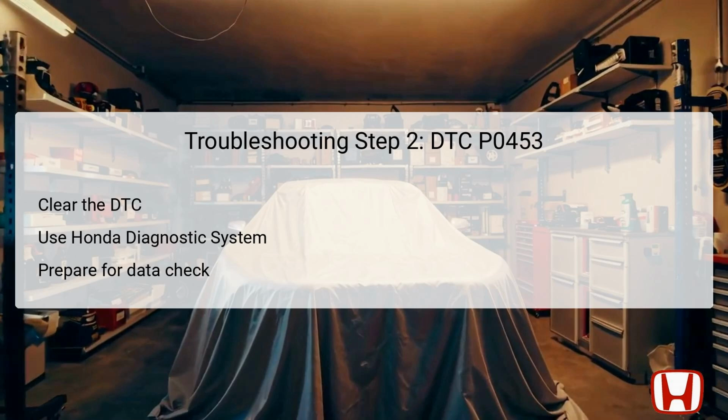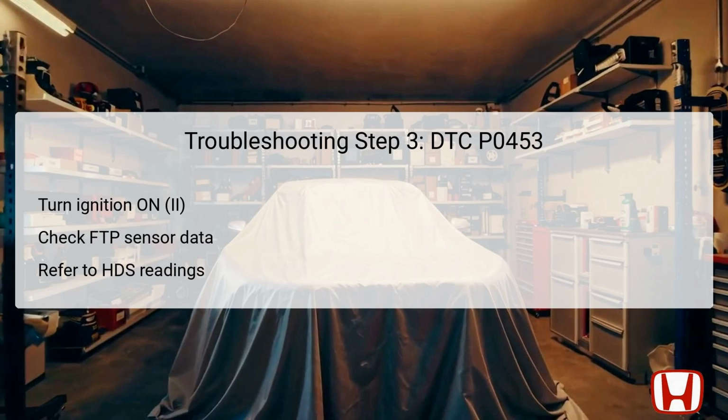Always remember to handle the fuel cap carefully, as it prevents vapor loss and contributes to the overall performance of the EVAP system. For the third troubleshooting step, turn the ignition switch back to the on position (position 2) after removing the fuel fill cap. This action is necessary because it prepares the vehicle system for a new reading from the FTP sensor.